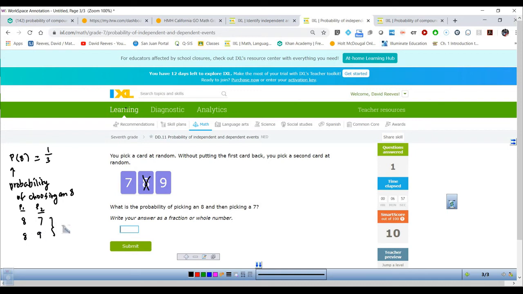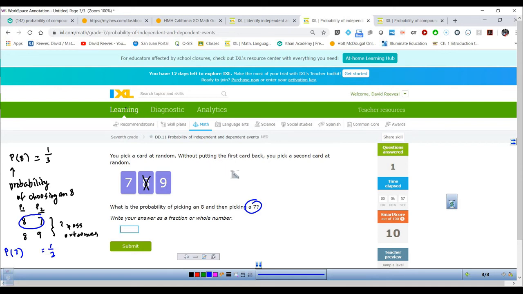So we have only 2 possible outcomes, right? And out of those 2 outcomes, which is the one we wanted? An 8 and then a 7, right? So the probability of our second event here is 1/2. So the probability of choosing, now again, I'm going to put the probability of a 7 because now we're trying to choose that 7, is 1/2.